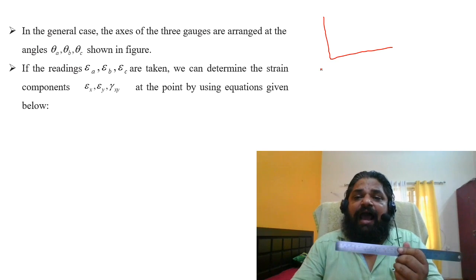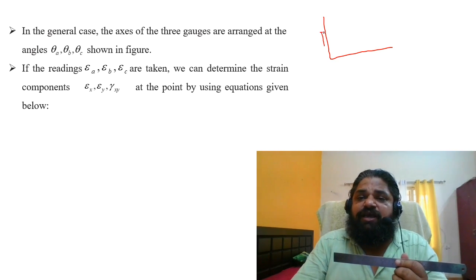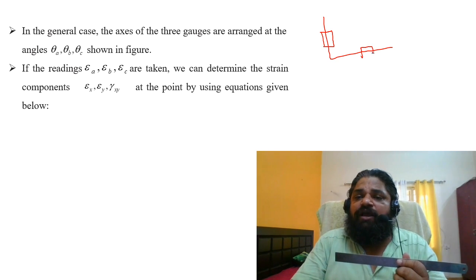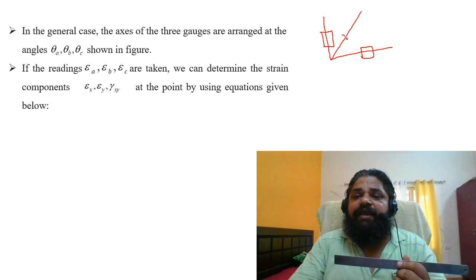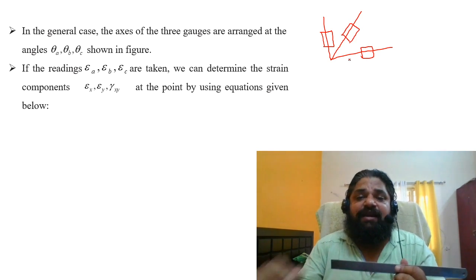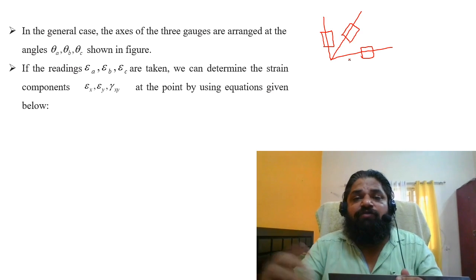Either I can put a strain gauge here or a strain gauge here. So what is the third one? 3 are the minimum required. The third one I can put at an angle, any angle I need. Accordingly, all this data recorded by the individual strain gauges, I can then convert.